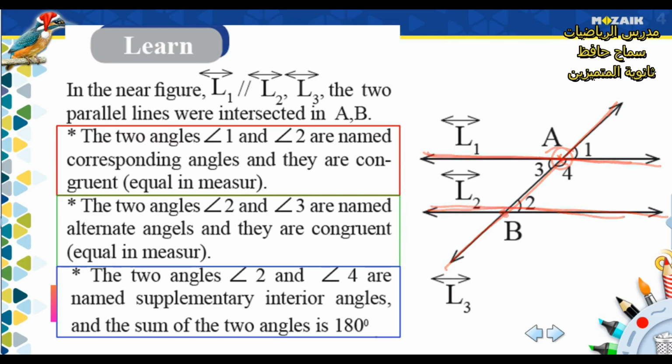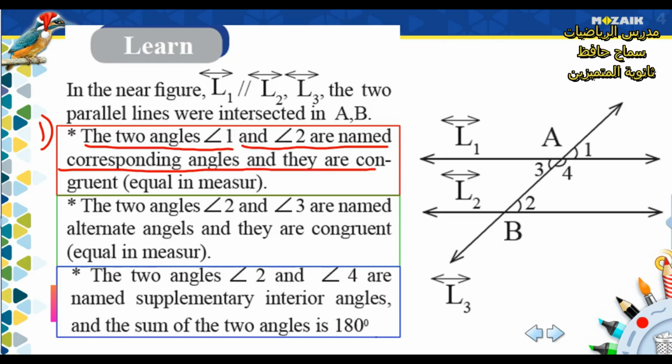Look at number 1. The two angles, measure angle 1 and measure angle 2, are named corresponding angles and they are congruent, equal in measure. Corresponding angles.